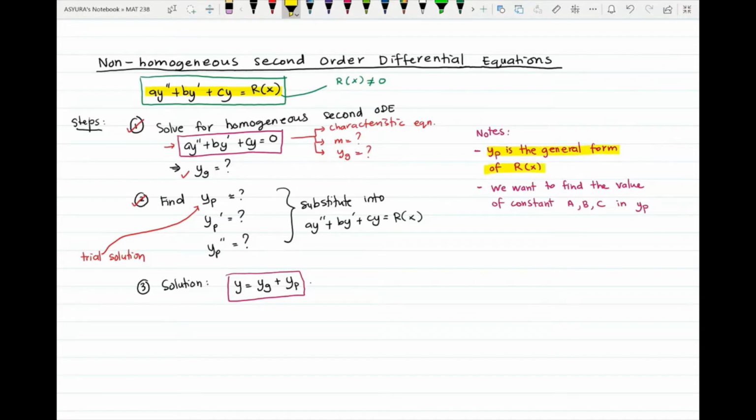Your r(x) can be any type of function: a constant, a linear function, a quadratic function, an exponential or trigonometric function. We find the trial solution yp, then differentiate to find yp prime and yp double prime.